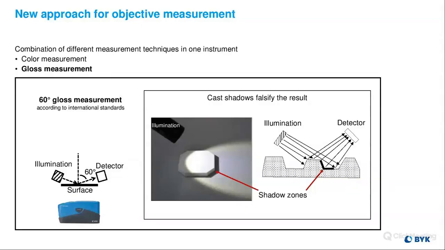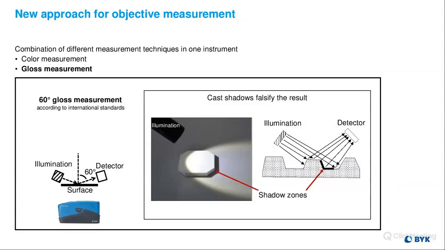So diving into the gloss measurement here. This instrument includes a 60-degree traditional gloss measurement according to the international standards. A side view of what that looks like internally is we have the illumination coming in from 60 degrees, and then we have a detector at the opposite angle, again at 60 degrees, to pick up that specular reflectance.